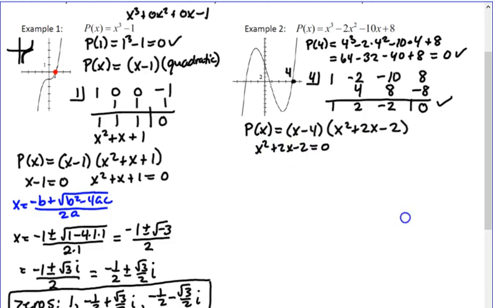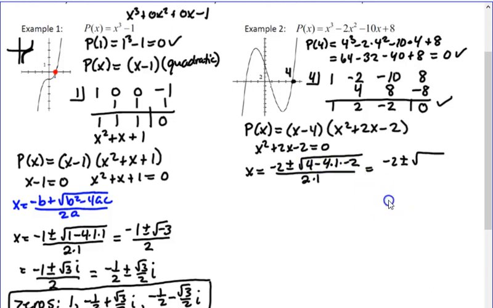Putting this into the quadratic formula, I have x equals negative 2 plus or minus the square root of 2 squared minus 4ac, 4 times 1 times negative 2, all over 2a. So this is negative 2 plus or minus the square root of 4 minus a negative 8. So that's 12, all over 2.